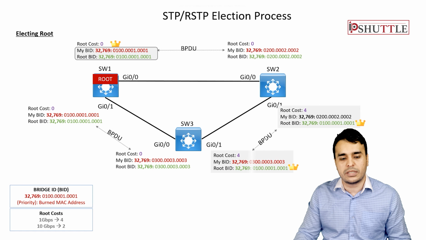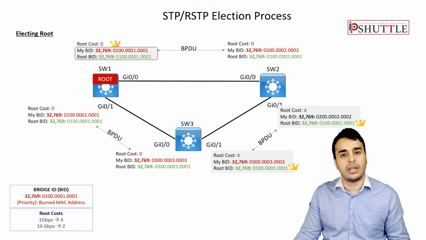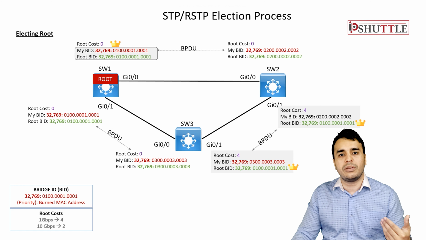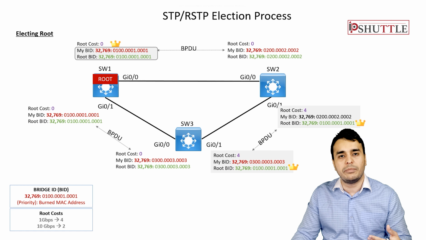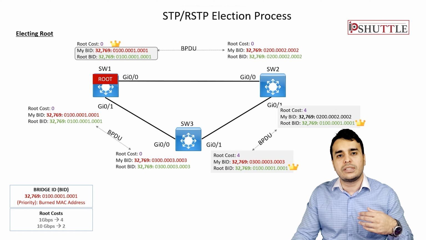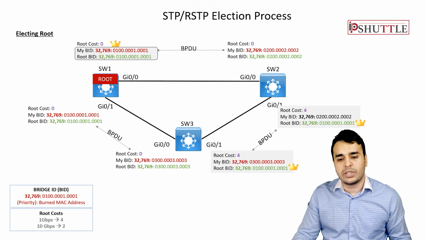And switch 3, since it also received it from switch 1, will be forwarding, yes, I also have the same. By default, on this link also there will be an election, where they will be mentioning my root cost is 0, my bridge ID is this, and root ID is this. So they will be doing the same.